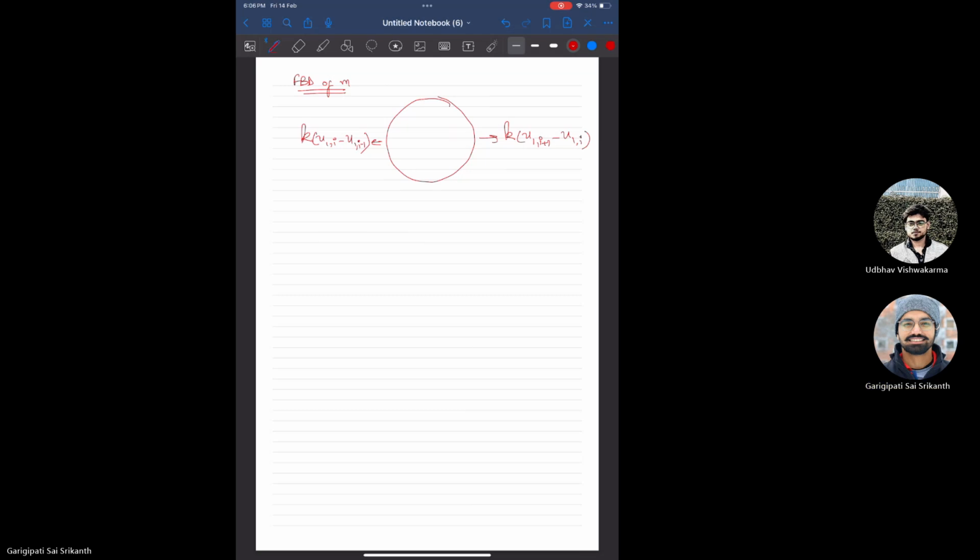But you'll see that the local resonator also applies a force, let's say.